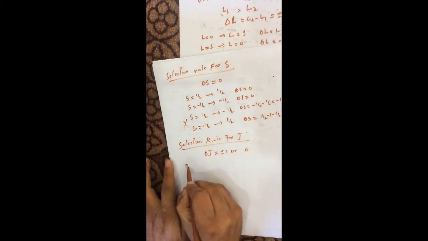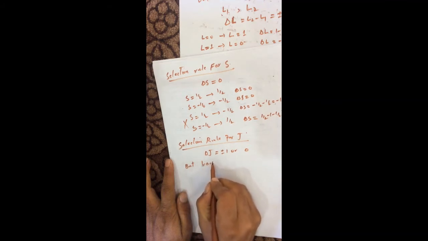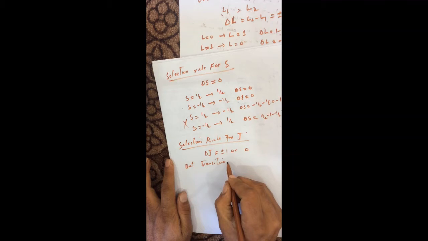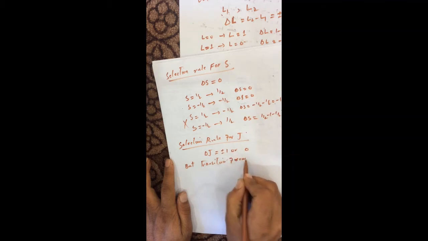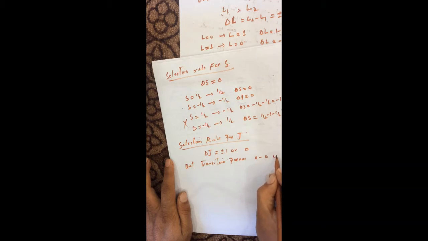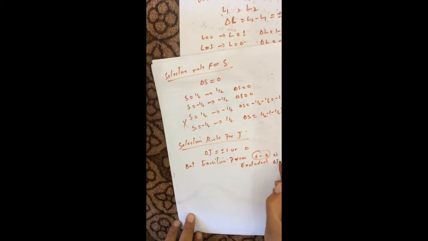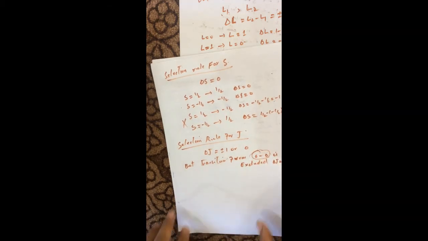But transition from 0 to 0 is excluded. The electron cannot jump from a state in which the total angular momentum is 0 to a state in which the total angular momentum is 0. From this we also get delta J equal to 0, but this is excluded. This is not possible. So this is the selection rule for J. These are the 3 selection rules.